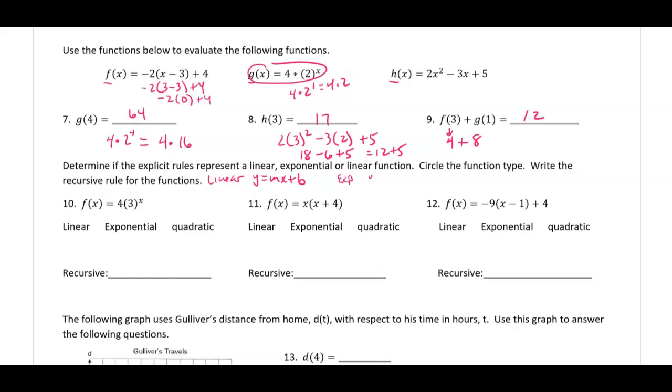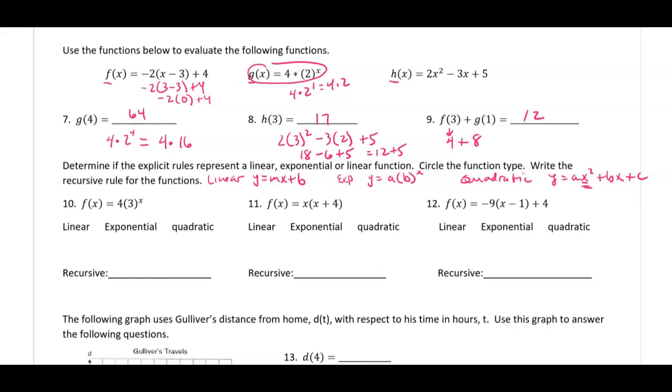Then we had exponential, which is y equals a times b to some exponent. And the last now is quadratic. Anytime you get a quadratic, it would be something like ax squared plus bx plus c. The x squared is what makes it quadratic.